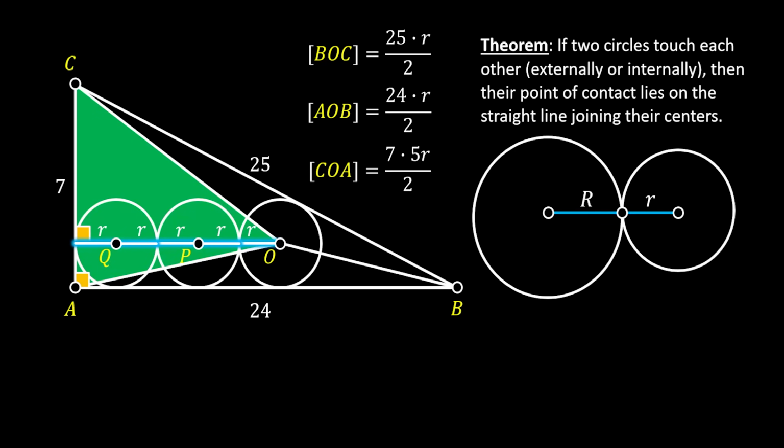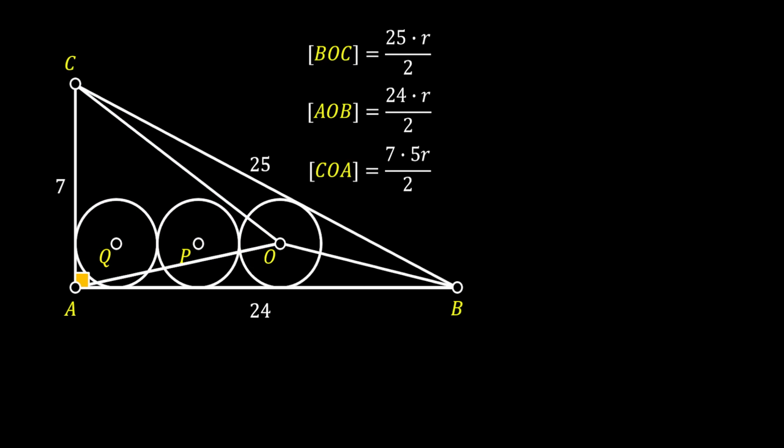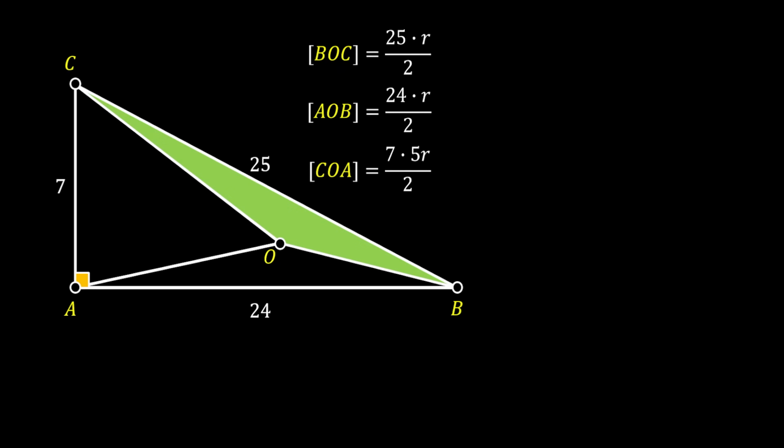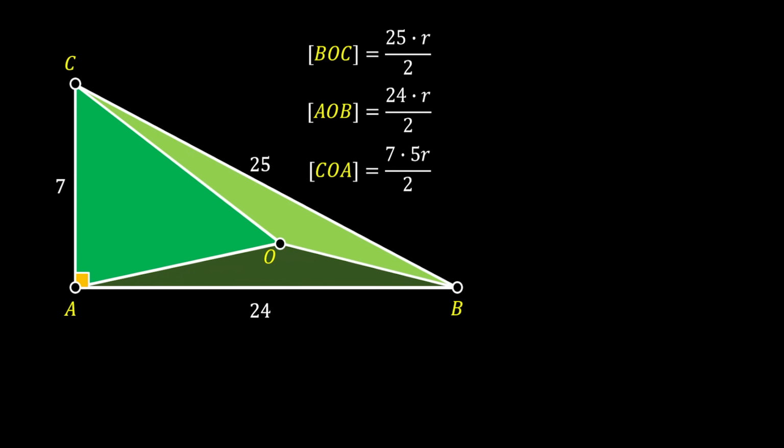Alright, so let's go back to our problem and let's clear our image a little bit. And let's also remove all three circles for now. You can notice that our triangle ABC actually consists of three triangles, the triangles BOC, AOB, and COA. So we can say that the area of the entire triangle ABC equals the sum of the areas of those three triangles.